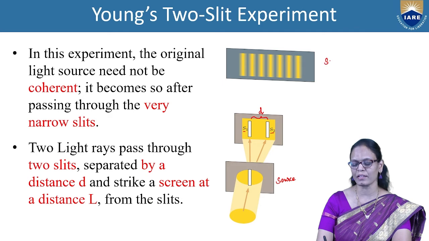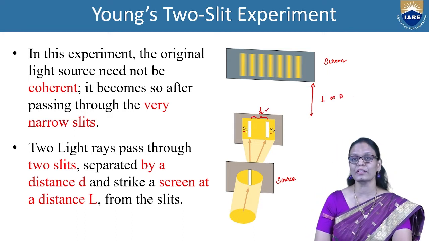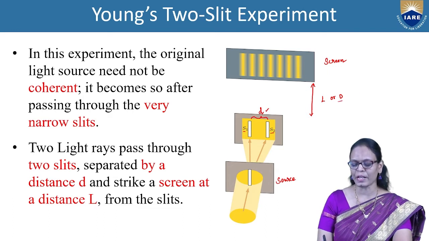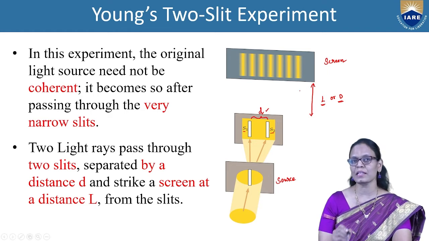So this is the screen, and we consider the distance between the slits and the screen to be L, or in some notation we may write it as capital D also. Small d here is the distance between the two slits, and capital D or L represents the distance from the slits, which act as sources, to the screen. So this is the basic thing we are going to see in this experiment.